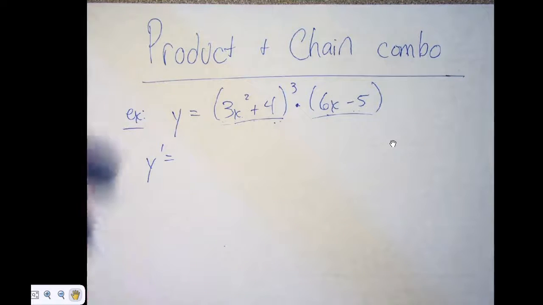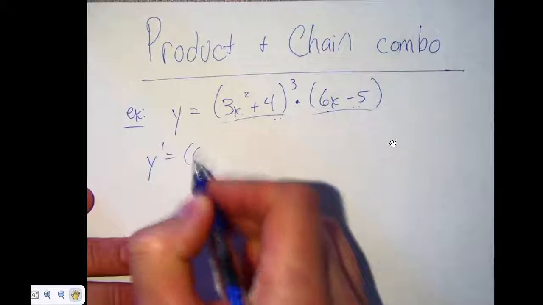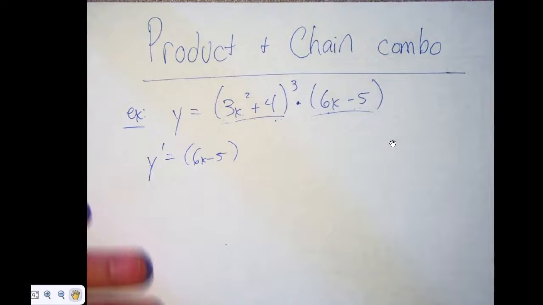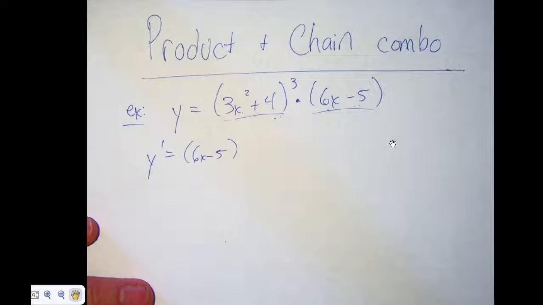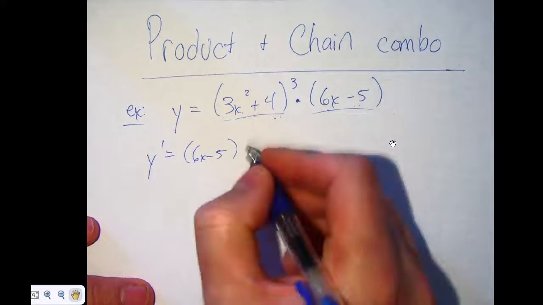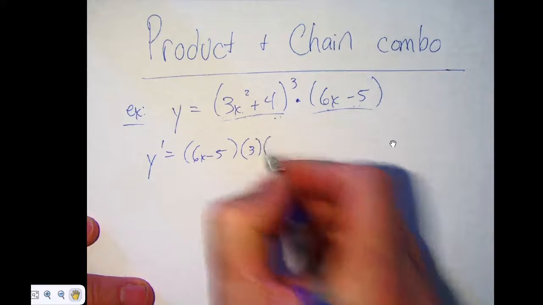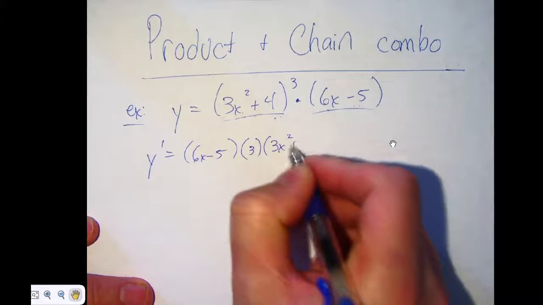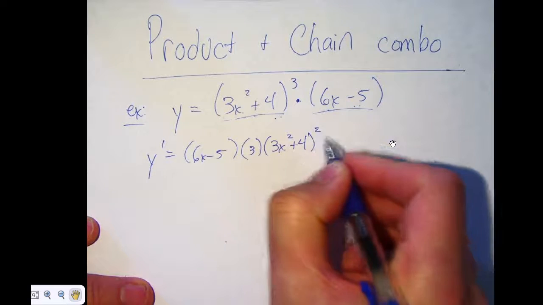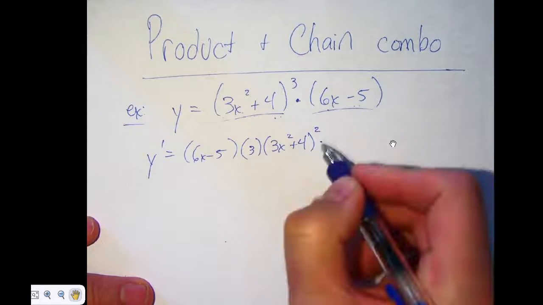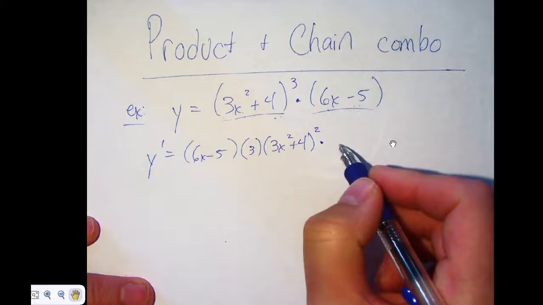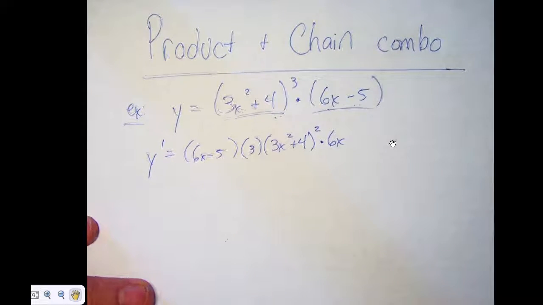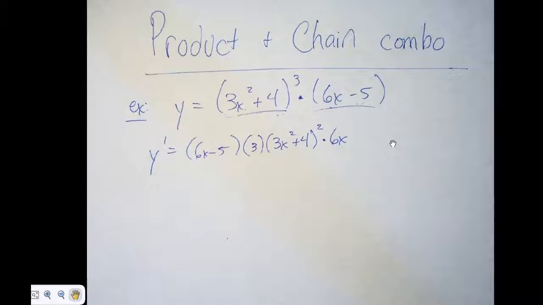So I'm just combining my two rules. So the second thing is 6x minus 5. The derivative of the first thing, bring down that 3, leave the inside alone, reduce the power by 1, and multiply by what? By 6x, because that's the derivative of the little guy.